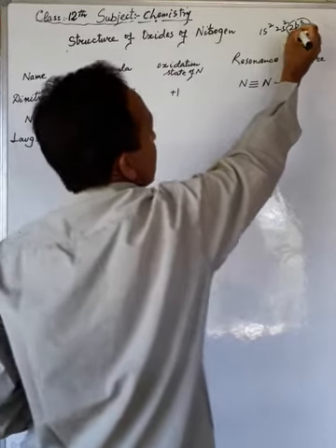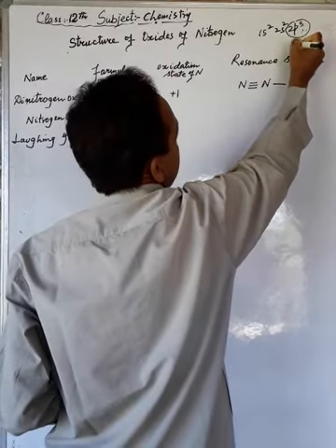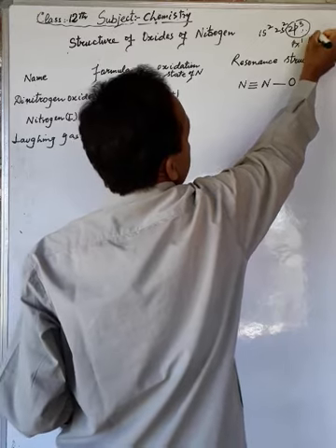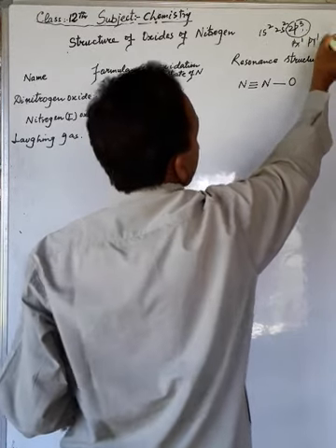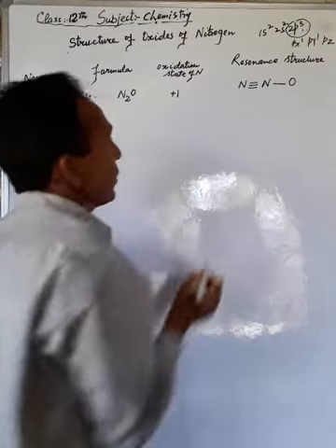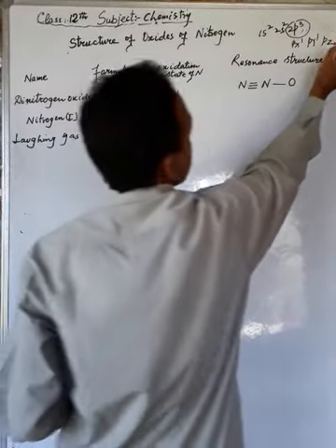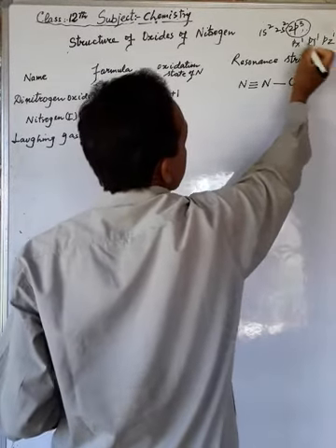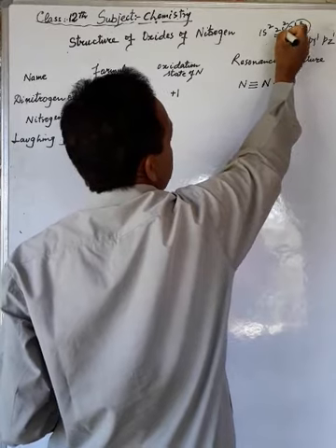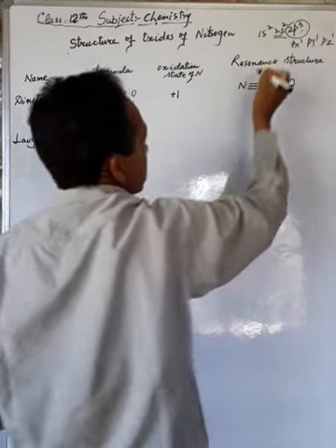In 2p3 it is px1, py1, pz1. So in the p orbitals, in each p orbital nitrogen has one electron and one lone pair of electrons, that is 2s2, which is completely filled.